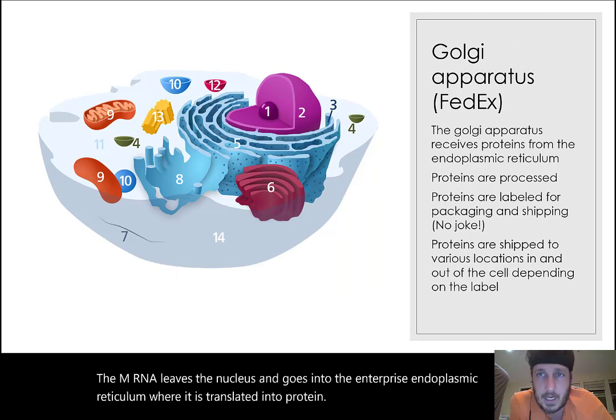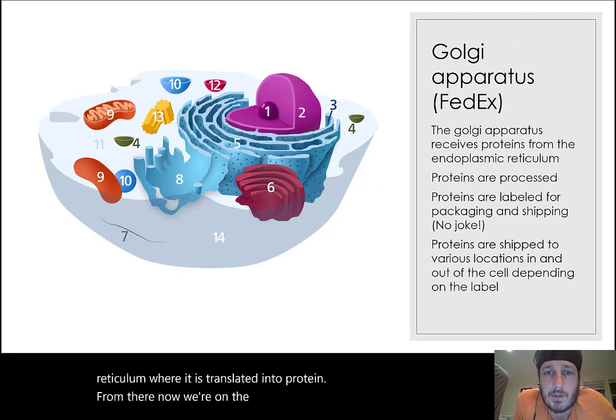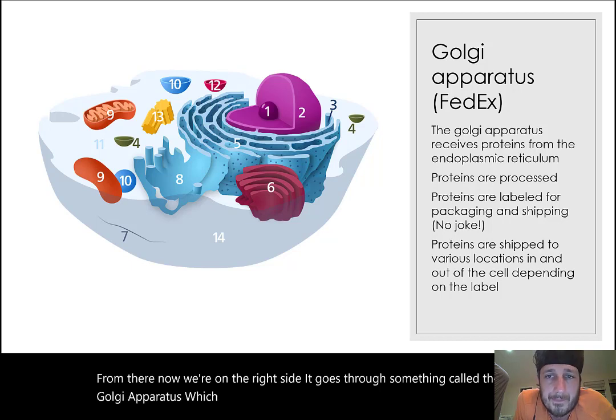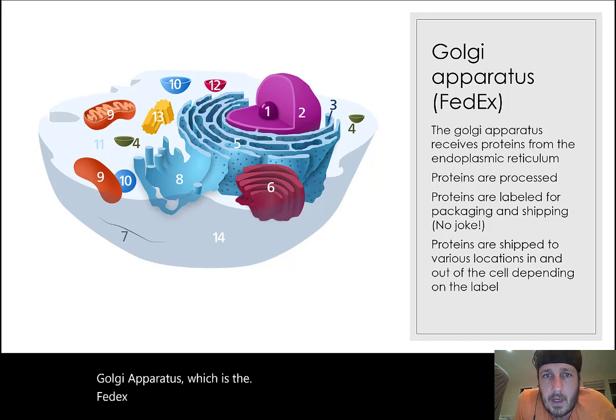From there, now we're on the right slide, it goes through something called the Golgi apparatus, which is the FedEx of our cell. So the Golgi apparatus is the shipping and receiving center for our corporation.